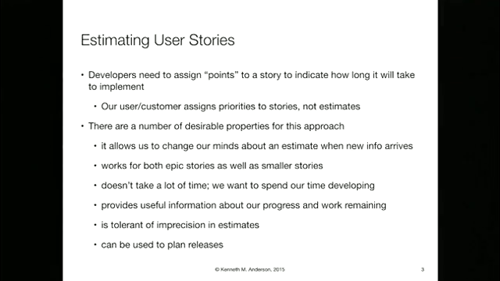There are a number of desirable properties for this approach. One is that it allows us to change our minds about an estimate when new information arrives. Using these index cards, we're acknowledging the fact that requirements are vague at the beginning of a development life cycle, and we don't know much about them.